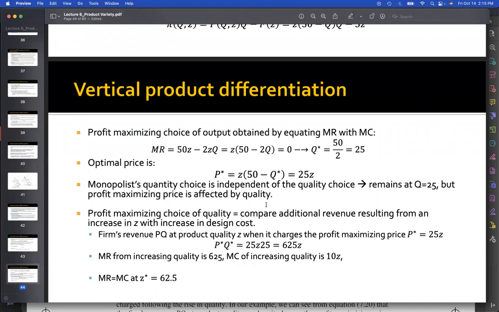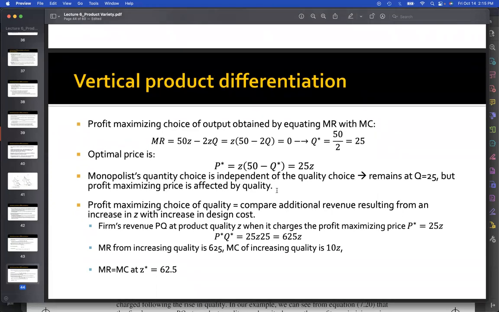Now, the monopolist's quantity choice is independent of the quality choice, but the profit maximizing price is affected by quality. The profit maximizing choice of quality compares the additional revenue resulting from an increase in Z with the increase in the design cost. Okay. So we're using the fact that Q is not a function of Z here to show that P times Q is basically this, which increases linearly in Z. And the marginal cost of increasing quality is 10Z.